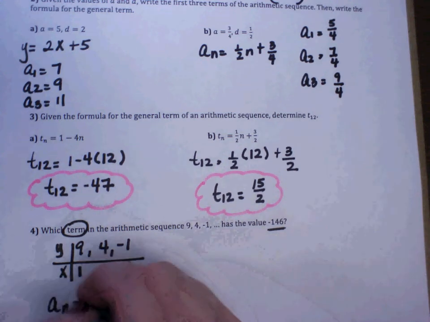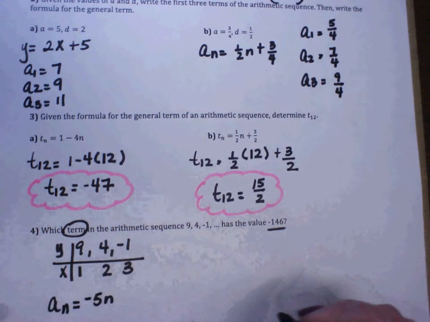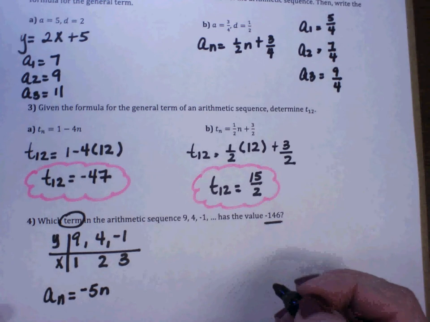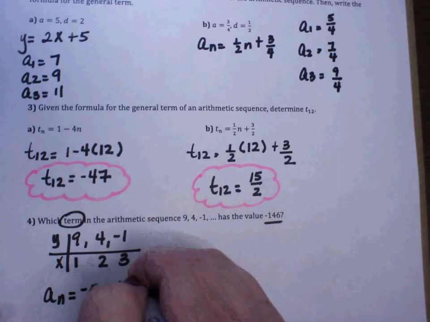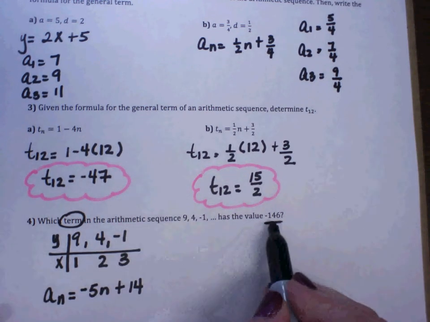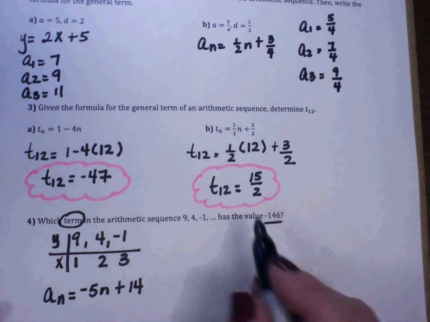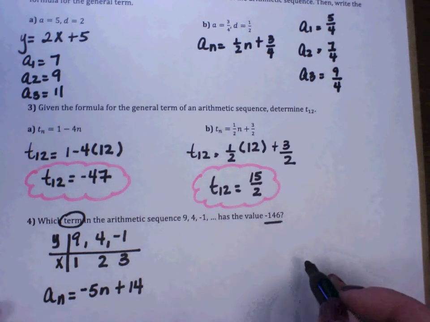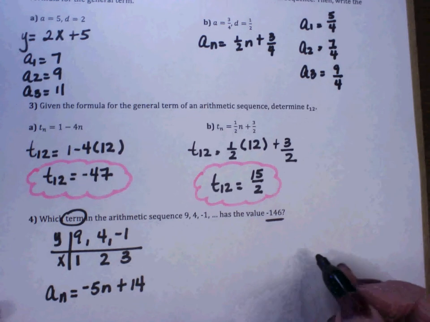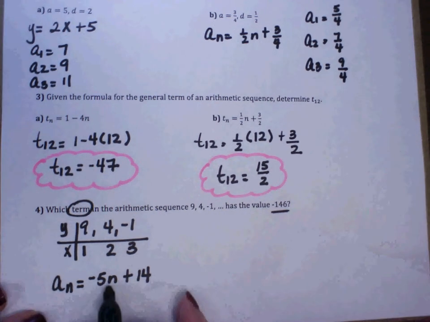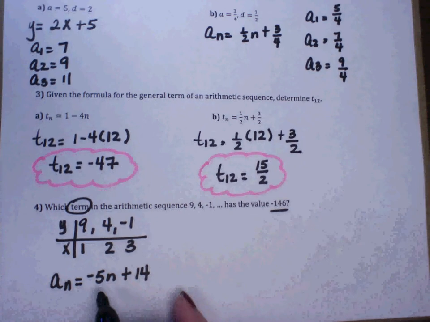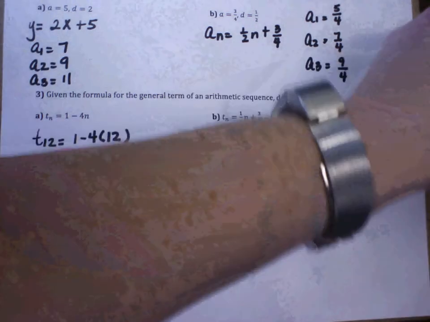I believe it's negative 5n plus 14. There you go. And you have to figure out which term has the value of negative 146. So which term is n? Because n is your term, the nth term. We saw that on the video.